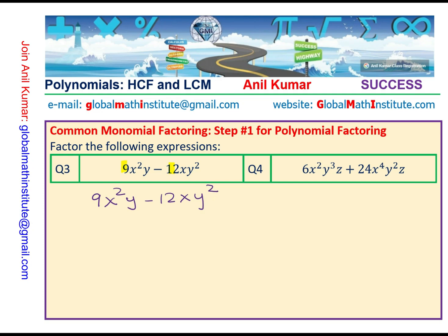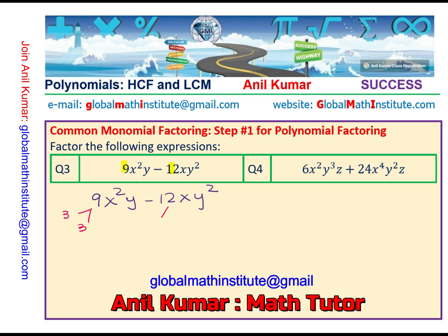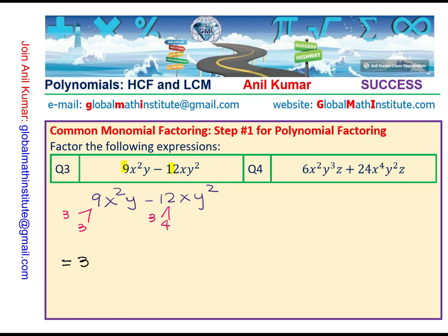So 3 is common, correct? And therefore, I can write 3 as a common factor. So if I write 3 as a common factor, what remains inside is the other 3, correct?